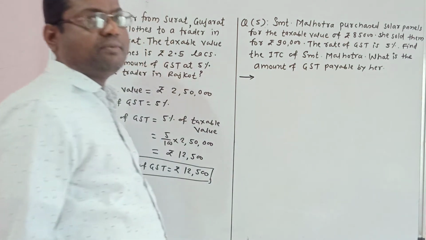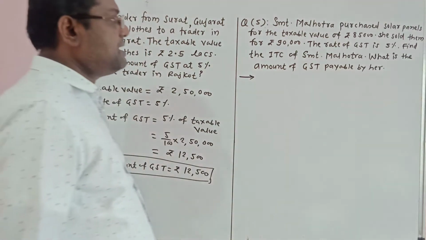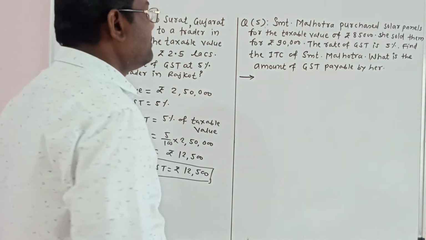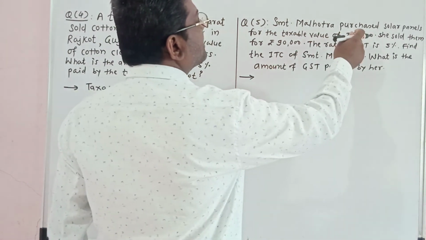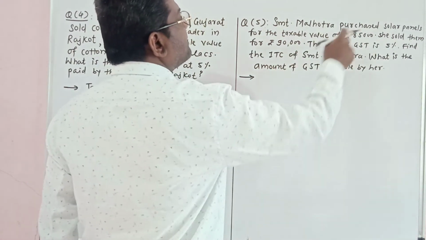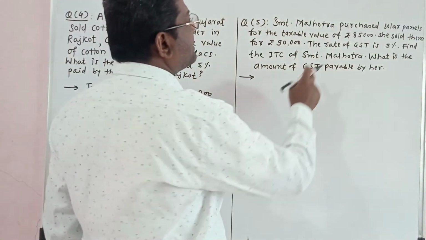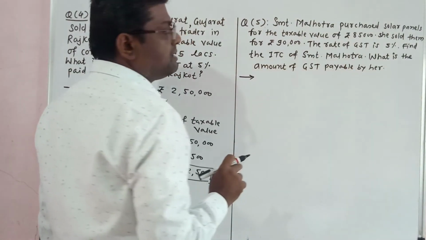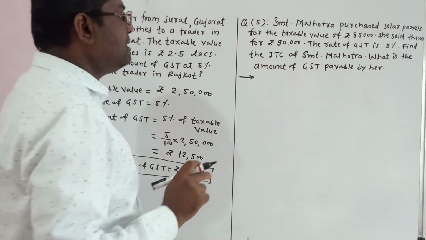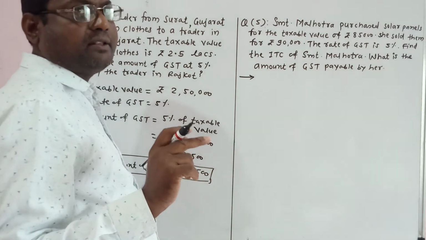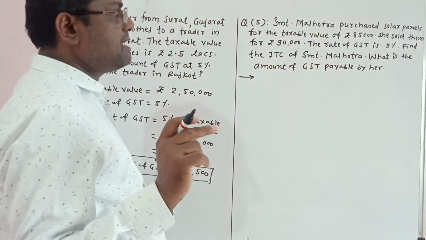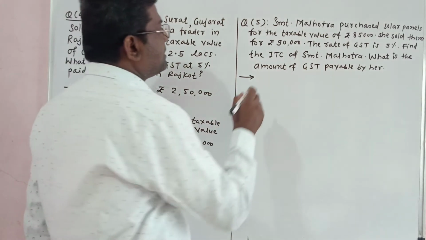Now GST paid at the time of purchase is called input tax. And here purchase value of Malhotra is rupees 85,000. So 5% of 85,000 is the input tax for Malhotra, and this input tax is also called ITC.